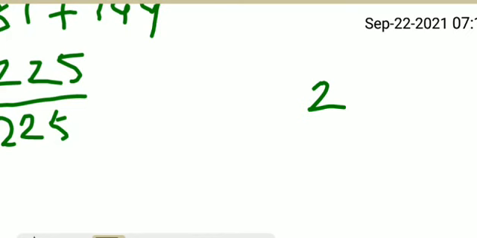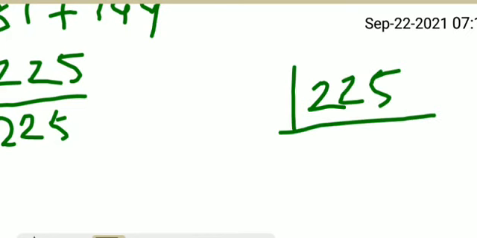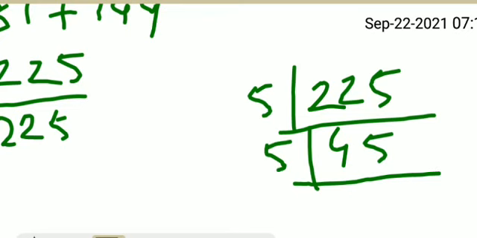So here 225 divided by 5 will be 45. Divided by 5, it will be 9. Divided by 3, it will be 3.